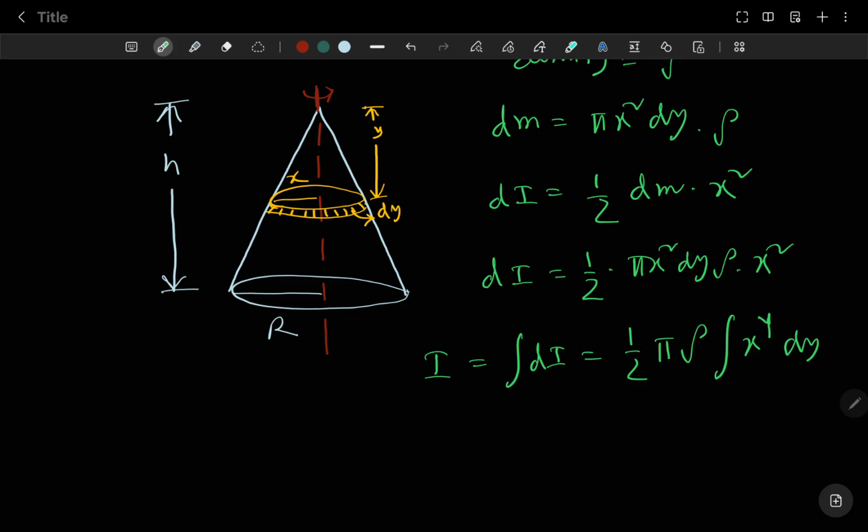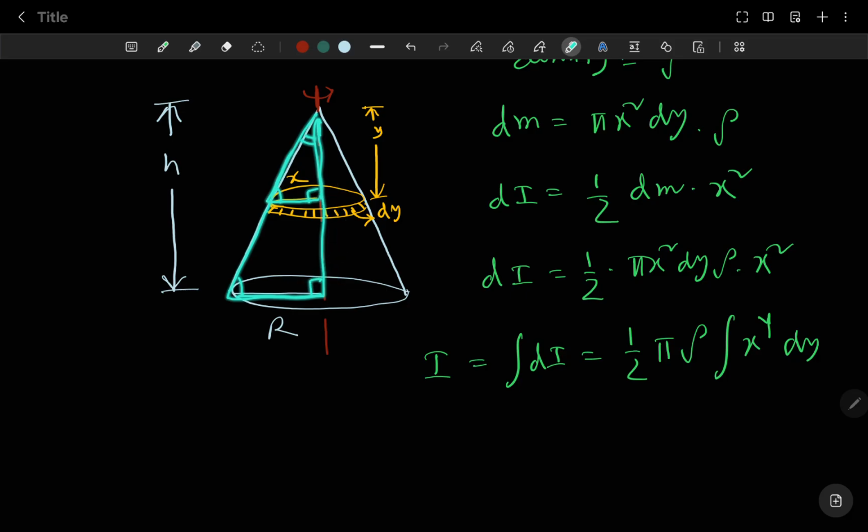Okay, now you see from these two triangles, a small triangle and a big triangle, these two triangles are similar as they have a common angle. These two angles are equal and both of them are 90 degrees.